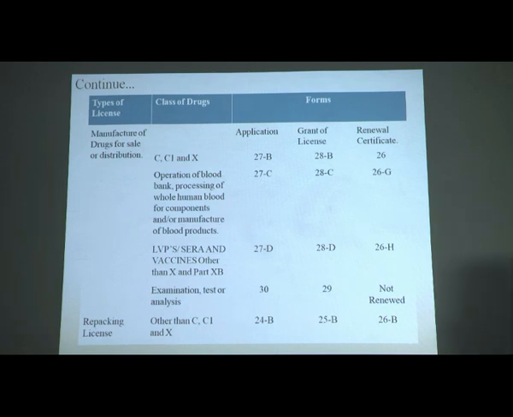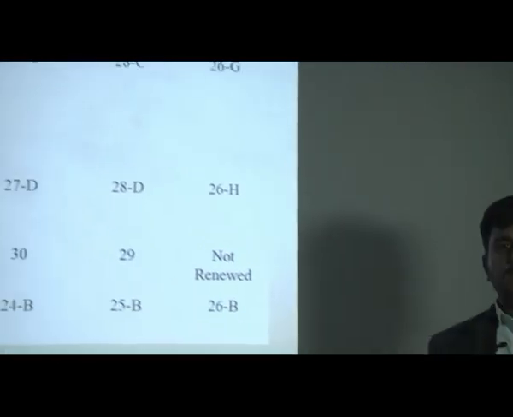For the manufacturing of large volume parenterals, sera and vaccines other than those specified in Schedule X and Part XB, the applicant needs to apply in Form 27D, the grant will be in Form 28D, and the renewal certificate in Form 26H.